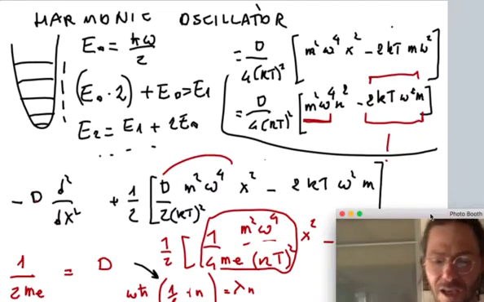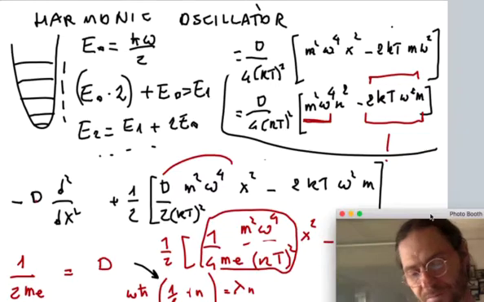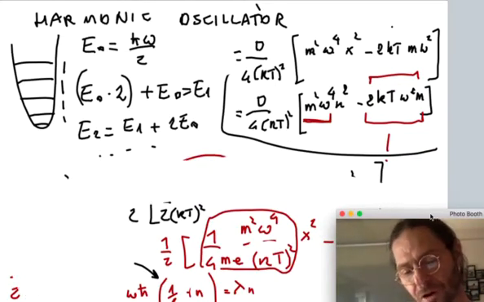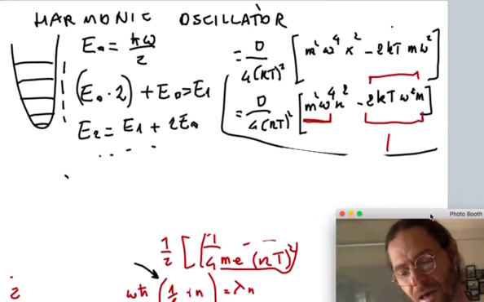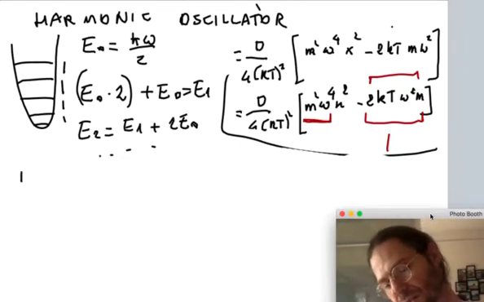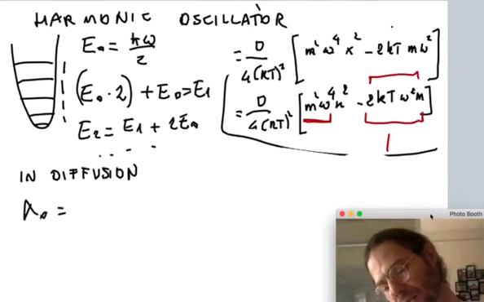The ground state of the Fokker-Planck equation has zero eigenvalue because the Boltzmann distribution is a stationary distribution. It doesn't change with time. So in diffusion, lambda naught is 0.